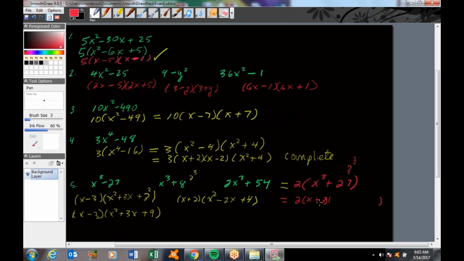It's a cube there. 3 cubed 27, and then over here we'll have an x squared, and we'll have a 9 over here because 3 squared is 9. Okay, and then here we're going to have a minus. It is going to be the opposite of that first term, and it'll be x times the 3. And again, that's a plus 9 at the end there. So that's our final factorization.